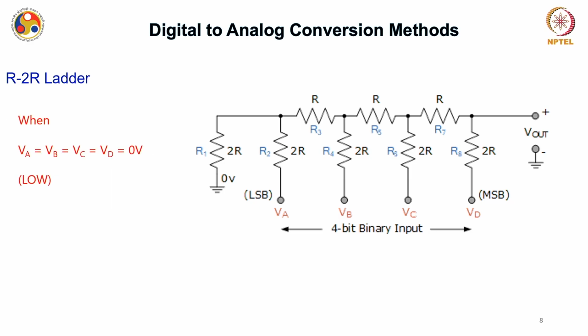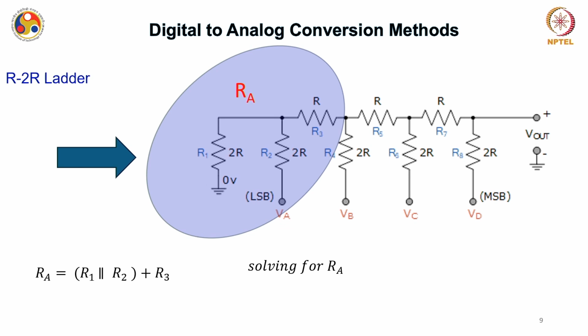Now when you have all these bits as 0, meaning you have applied low to all of them, 0, 0, 0 and 0, the expected output is 0. Let us see how it will be 0. For that, I have to understand the equivalent resistance and Thevenin voltage of this circuit.